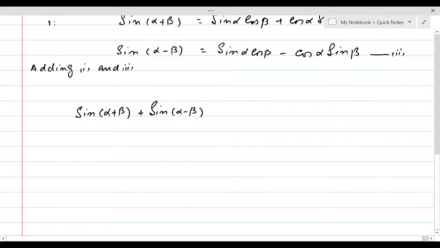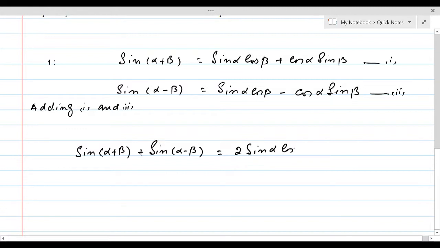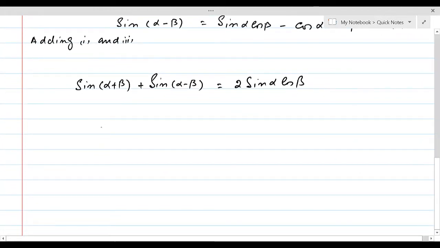The last terms of both 1 and 2 will get cancelled, leaving behind 2 sine alpha cos beta, because cos alpha sine beta will cancel out with minus cos alpha sine beta. So this means we have an identity: 2 sine alpha cos beta equals sine of alpha plus beta plus sine of alpha minus beta.